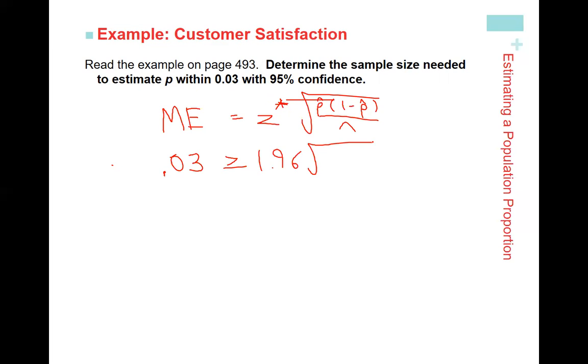of, we don't have a value for p hat. If you don't believe me, it has the example on page 493. It doesn't give an estimate of what p hat might be. So we're going to use 0.5 for p hat, over n.